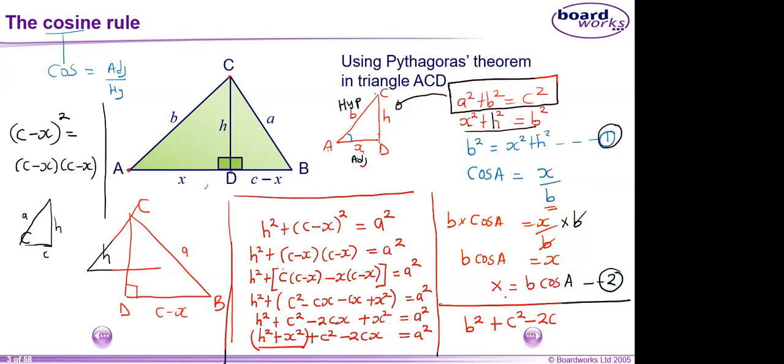Then I ask, what is our X from equation 2? X is B cos A. So I just write B cos A is equal to A squared. Members, this is what we call now the cosine rule. Is that okay, members?